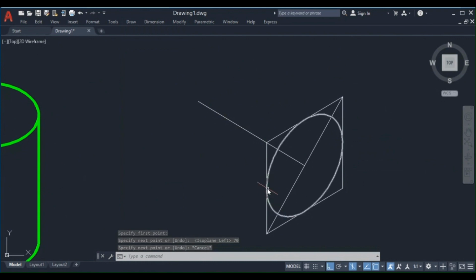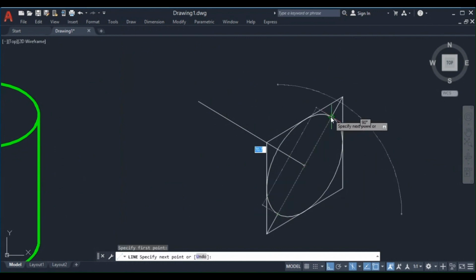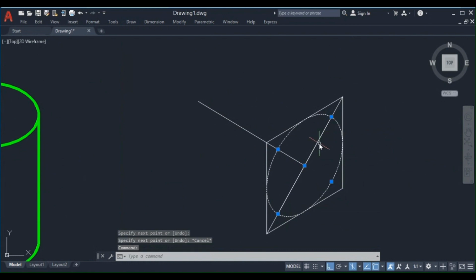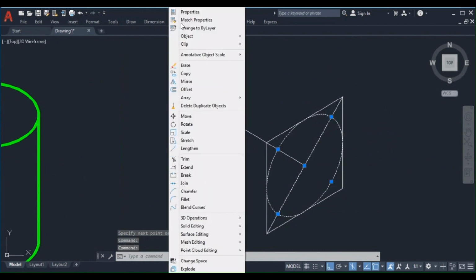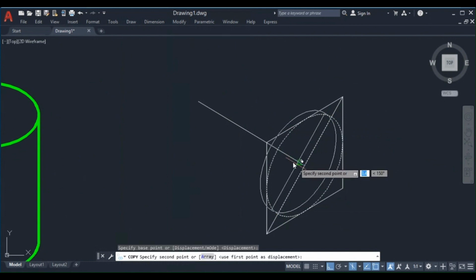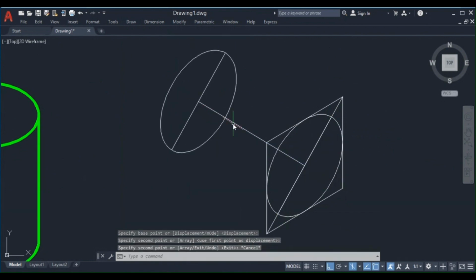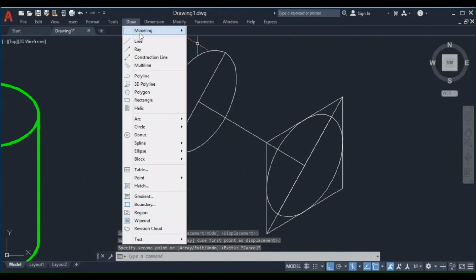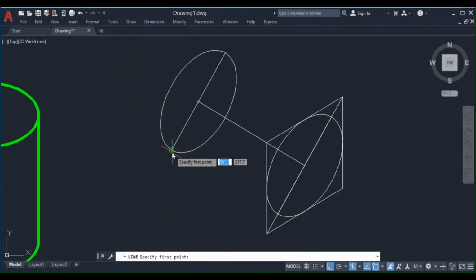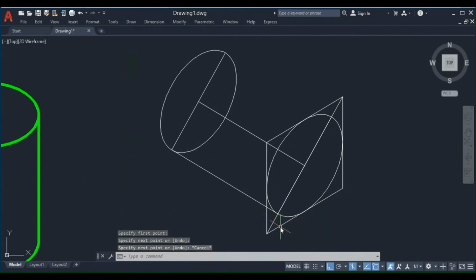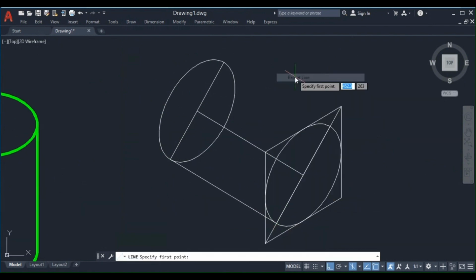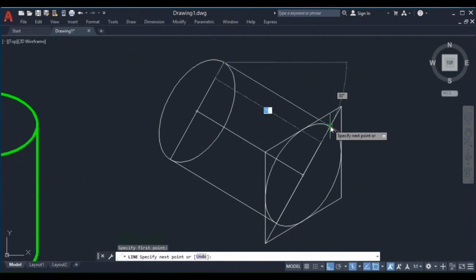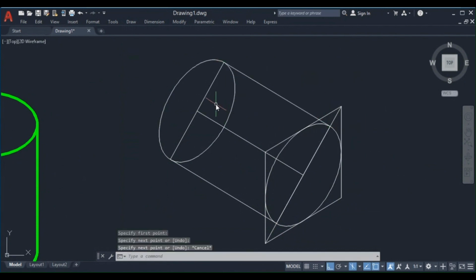Now copy this ellipse, modify, copy it from this center, and this center should match with this center. This center to be drawn, and this center to be drawn. Now I need to retain the portions which are visible only.